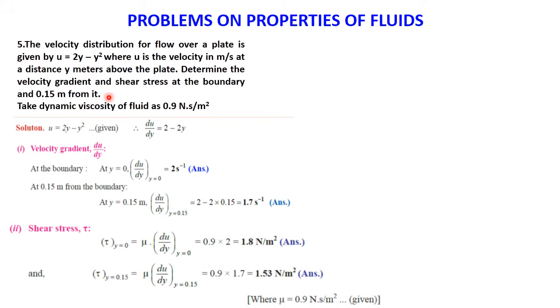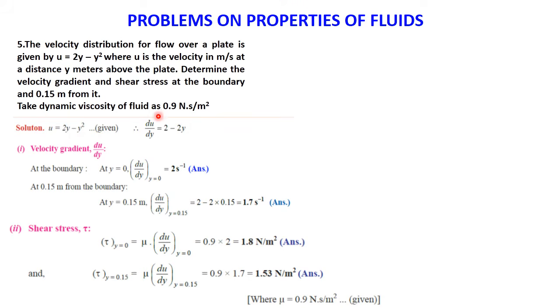And shear stress at the boundary and 1.5 meter from it means the value of shear stress when y is equal to 0, and the value of shear stress when y is equal to 1.5 meter from it. Actually here the value of y is to be calculated at y is equal to 0.15 meter from it. Take dynamic viscosity of fluid as 0.9 Newton second per meter square.